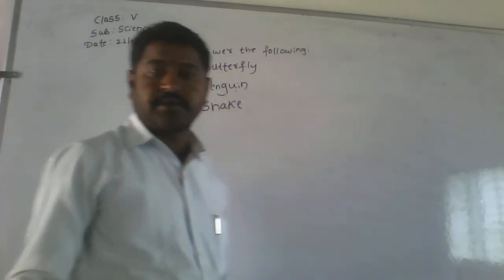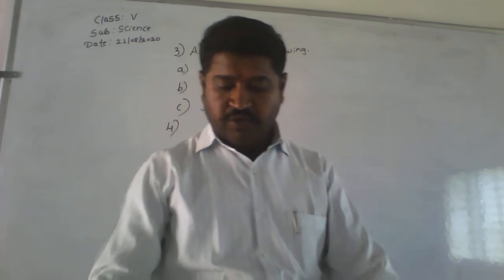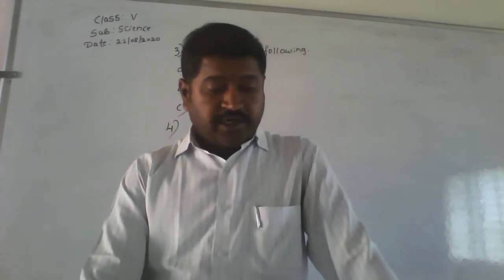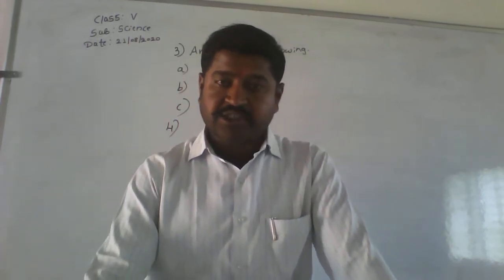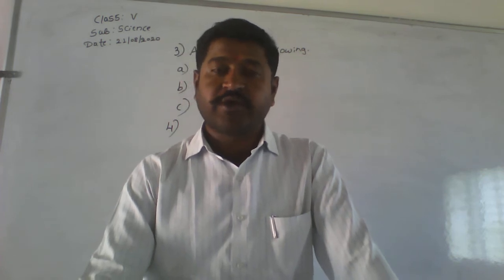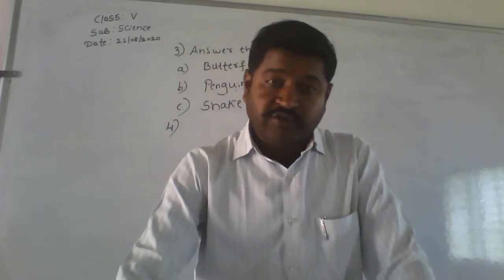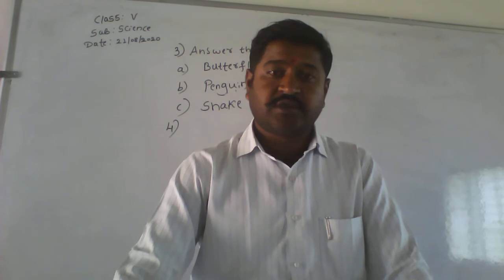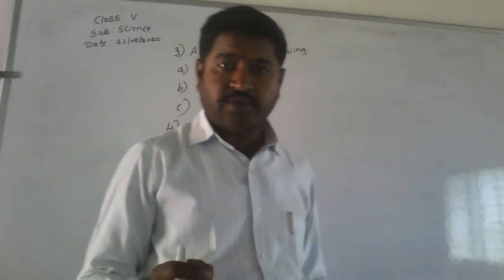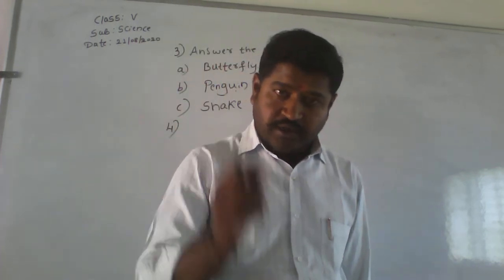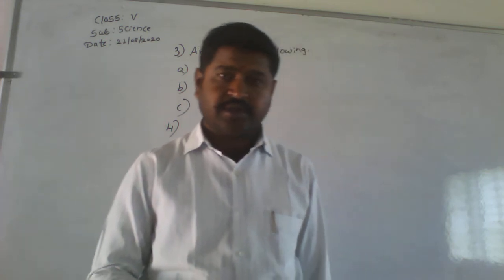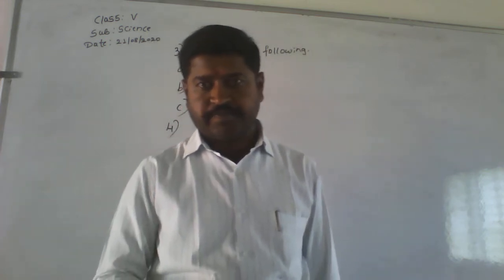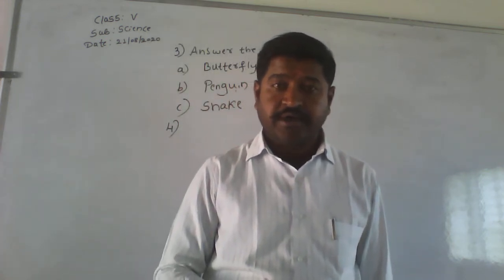Clear? Then the next question number 4. Name the different types of habitats of animals. So what we have to do? We have to write the types of habitats of animals. Animals are going to live on land, in water, and aerial also.